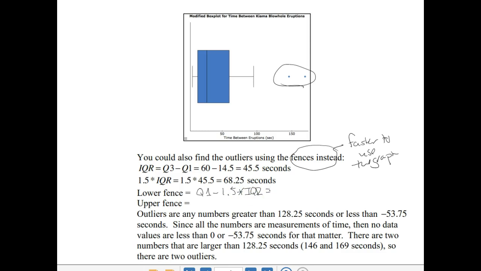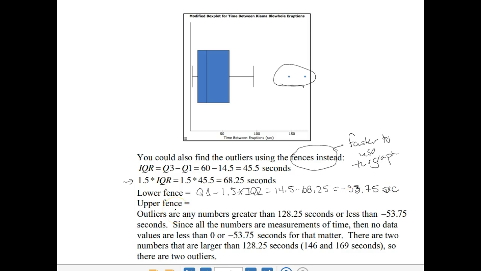And so in this case, our lower fence, our quartile 1, we can get that off of our one variable stat screen to get that at 14.5, and then we would subtract 68.25, because that's what we computed here for 1.5 times the IQR. And so if we subtract those values, we get negative 53.75 seconds.